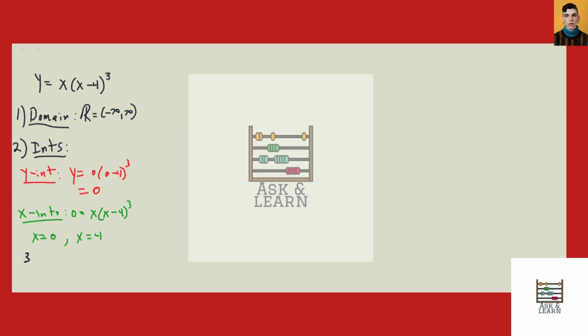The next thing they suggest we do is to look for symmetry. Now, we know that this is not going to be a periodic function, but we can check to see if f of negative x is f of x or negative f of x. So plugging in that negative there, we get negative x times (negative x minus 4) cubed.